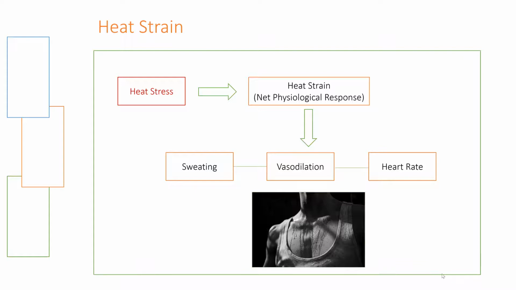This allows the blood to cool down a lot faster. Additionally, the body can also sweat. Sweating by itself does not cool down the body. It is only when that sweat evaporates off the surface of the skin is where you really have that cooling effect. Additionally, the body can increase the heart rate.